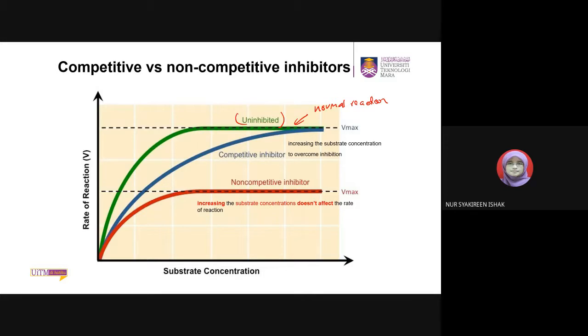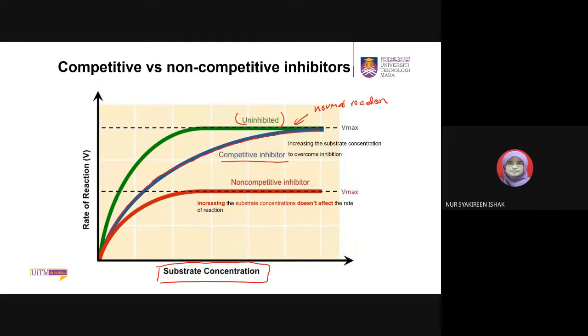Okay, but if you add competitive inhibitor to the reaction, as you can see, the rate of reaction will slow down and produce less product, but eventually it reaches the maximum velocity, maximum rate of reaction if you keep on increasing the substrate concentration.